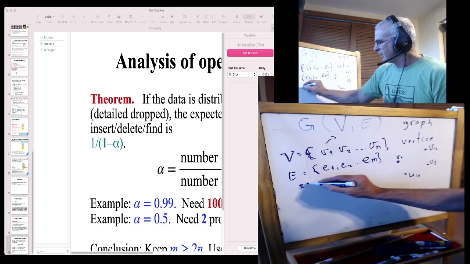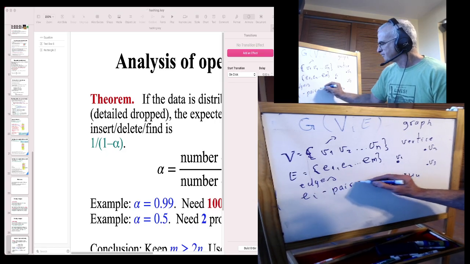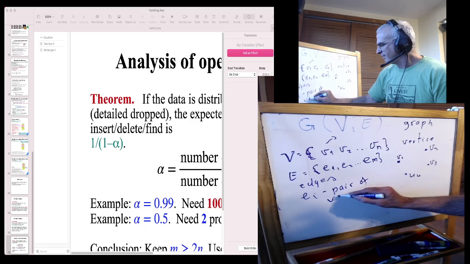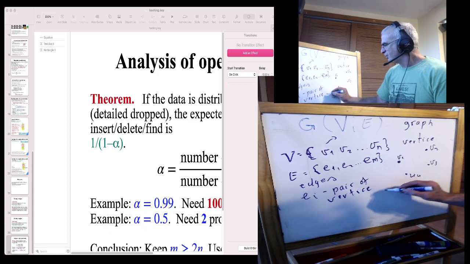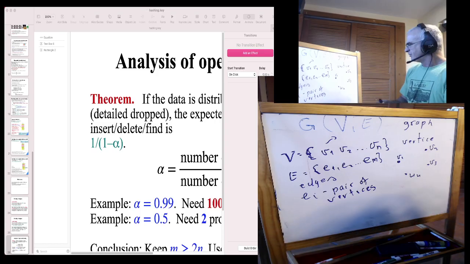These are edges in the graph, and every Ei is a pair of vertices. Two vertices that are friends, Facebook friends.